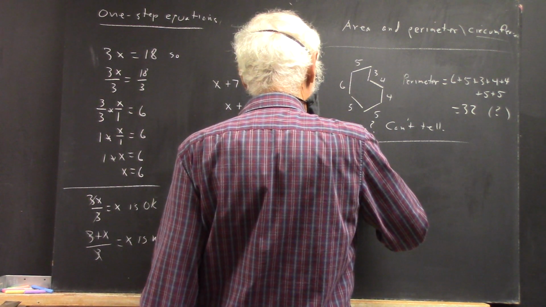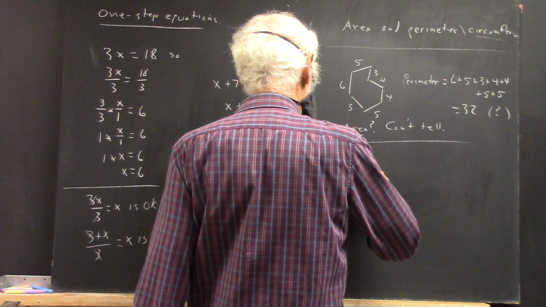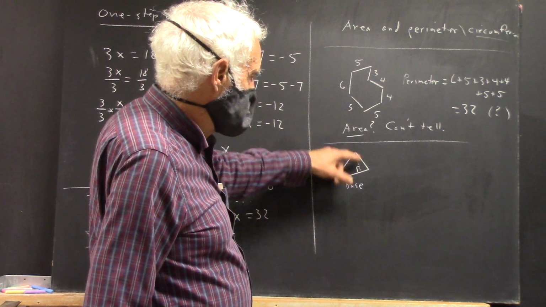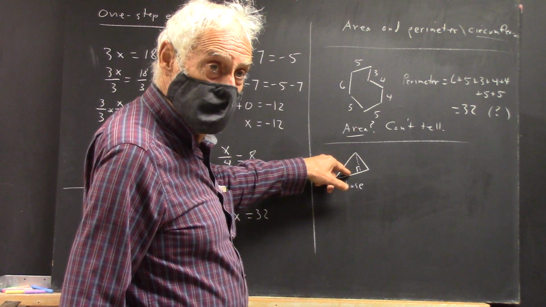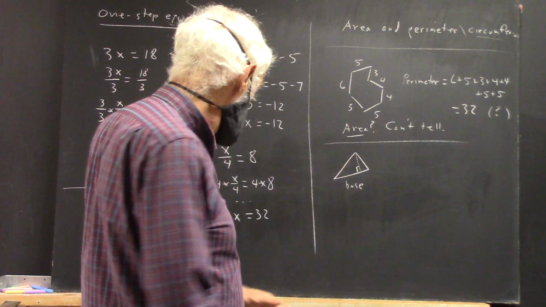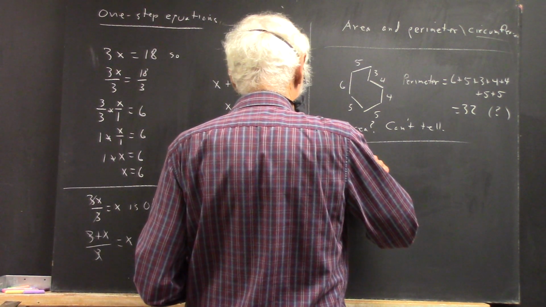Then you go from the vertex down to the base at a right angle. Then the length of this thing is the altitude. So I'll use a little color to emphasize that.